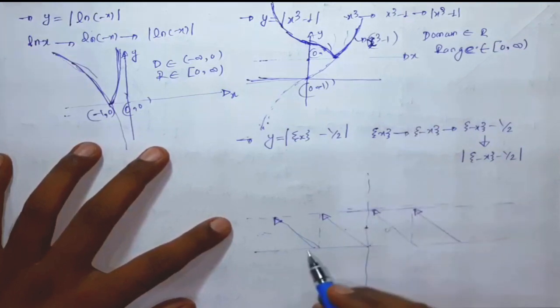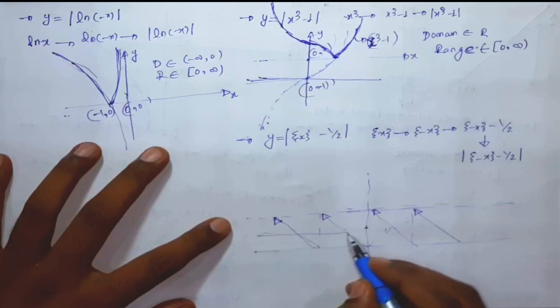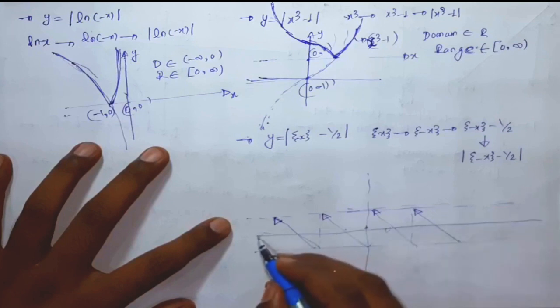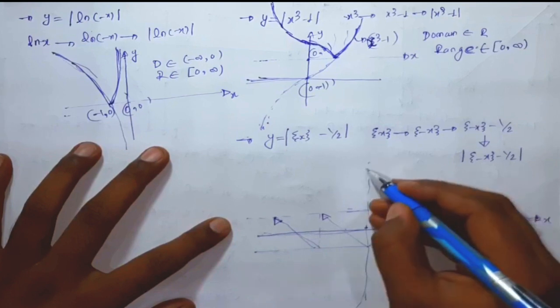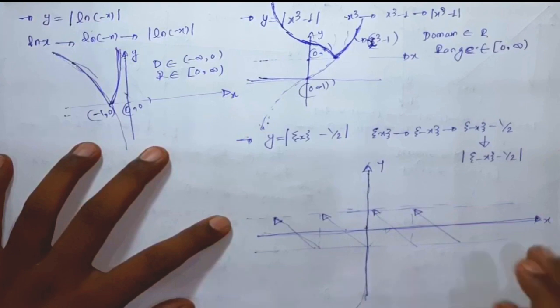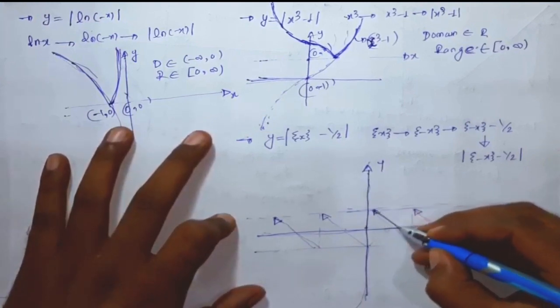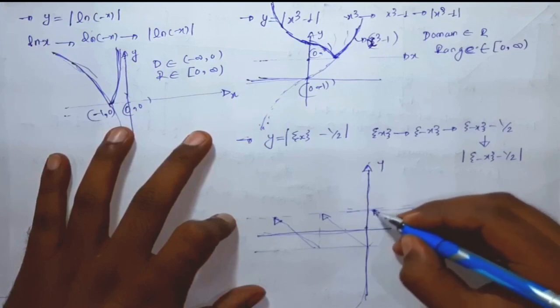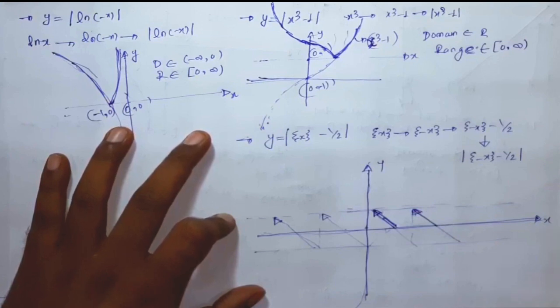So I am going to draw a line like this. So this is our axis, this is x-axis, this is y-axis. I am going to darken this. Okay, this is arrow, this is arrow. Similarly, this side also the same kind of arrow will be there.